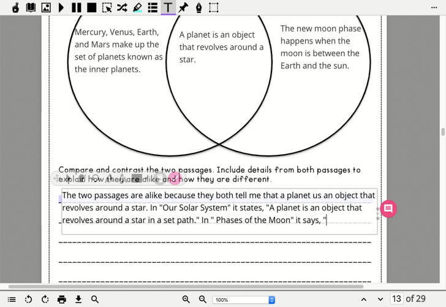So we're going to look at the first paragraph. The planet Earth is part of a solar system made up of planets, moons, asteroids, and comets. Earth is the third planet from the sun and has water and oxygen. Earth has one moon. The moon is a large object that revolves around Earth. Unlike Earth, the moon has no air, water, and no light. The surface of the moon is covered in craters and pits. I don't know that any of those are perfect, so I'm going to keep looking.